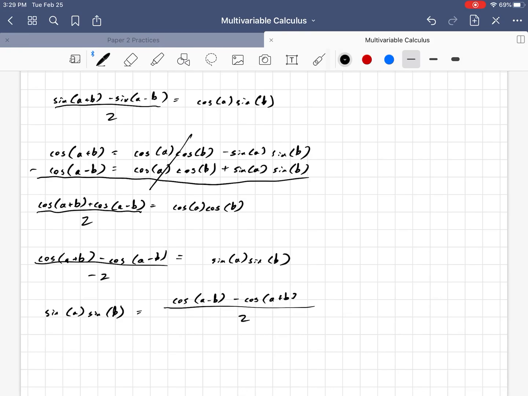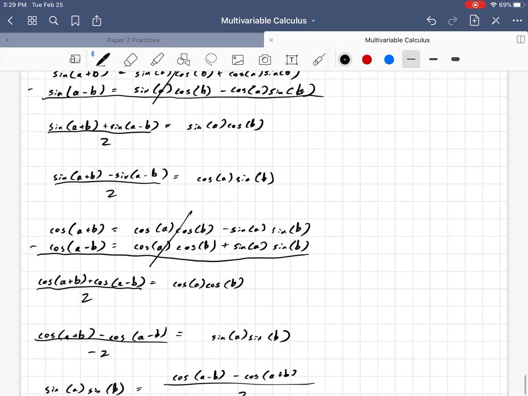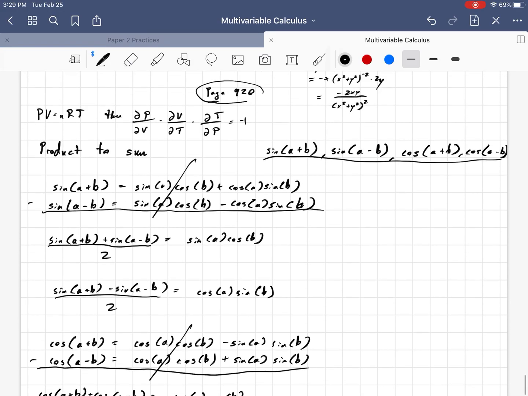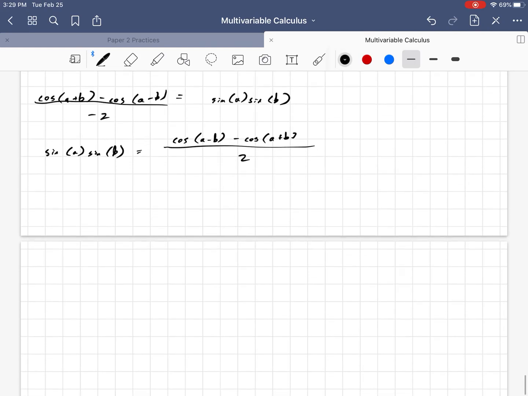So in other words, I just took the negative sign, put it in the numerator, and then multiplied the negative 1 by the numerator, so the sign changed on each of the terms. And that right there is the four product to sum identities. It's really as easy as that.